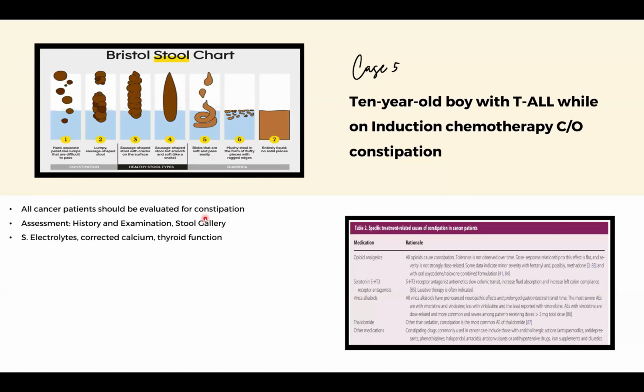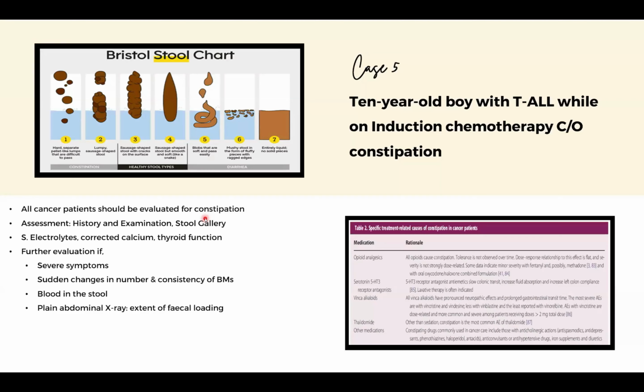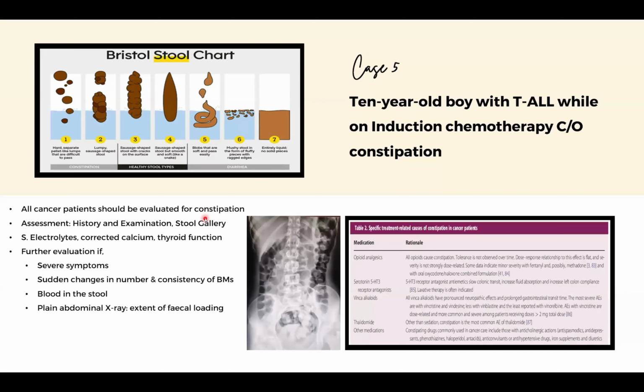So electrolytes, corrected calcium, thyroid function, all these have to be measured. And further evaluation is needed if there are severe symptoms, sudden changes in number and consistency of the bowel movements, blood in the stools. An abdominal X-ray is a very good guide to see the extent of the fecal loading, like this one.